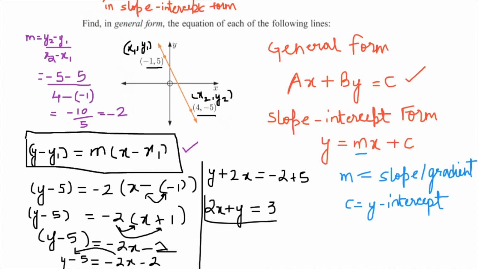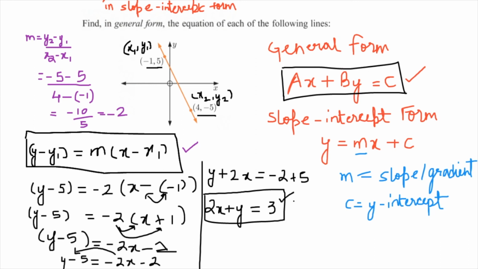Now, if you look at the general form, check whether it is matching with your general form or not. Our general form is ax plus by is equal to c. Yes, it is matching. So this is the general form of the equation. Now I'll convert the same form into slope-intercept form, which requires y is equal to mx plus c.